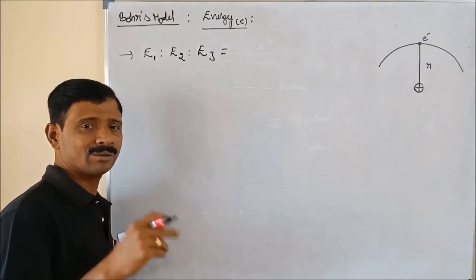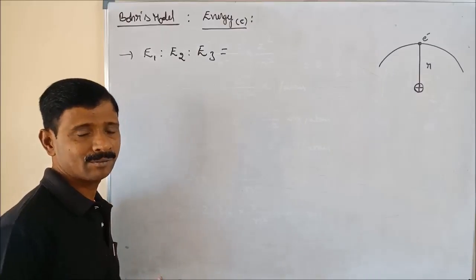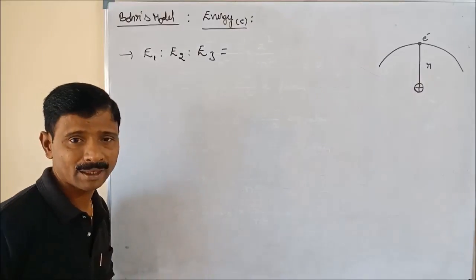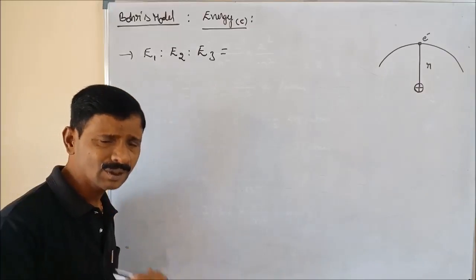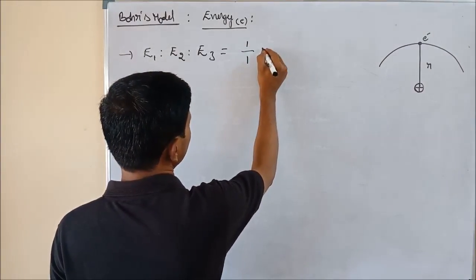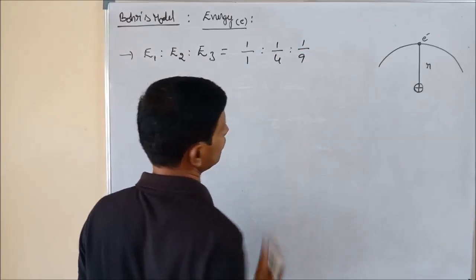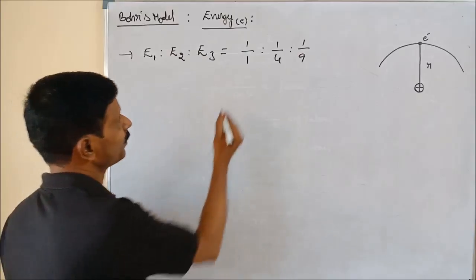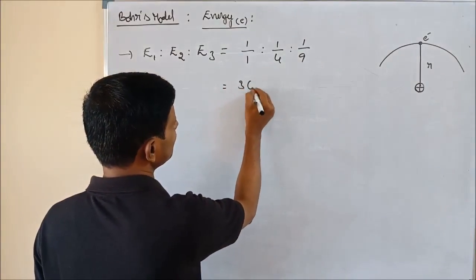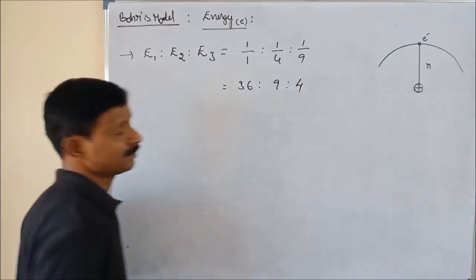See, Z square by n square is common. If you observe hydrogen atom, first orbit 1 by 1, second orbit 1 by 4, 1 by 9. So as per this, it is nothing but 36 is to 9 is to 4.